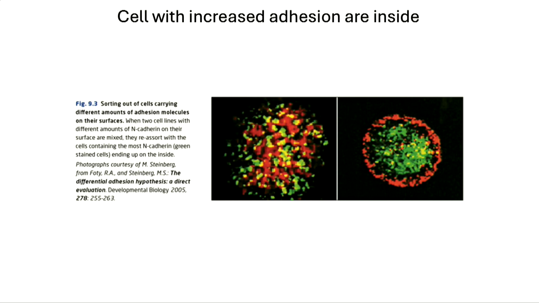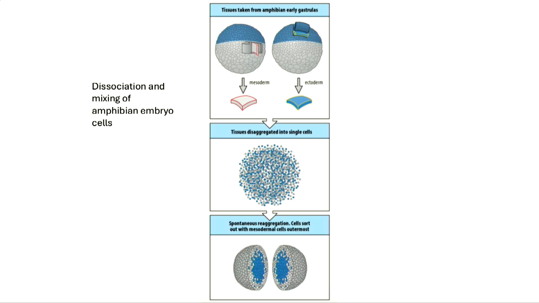All right, so just by changing the amount of adhesion, one could separate cells into two different populations, right? Highly adhesive cells are inside, less adhesive cells are outside. And so then, is this the way in which this kind of separation takes place, that when you disaggregate the cells, the ectoderm cells go inside and the mesoderm cells go outside? It is a likelihood, one of the possibilities.